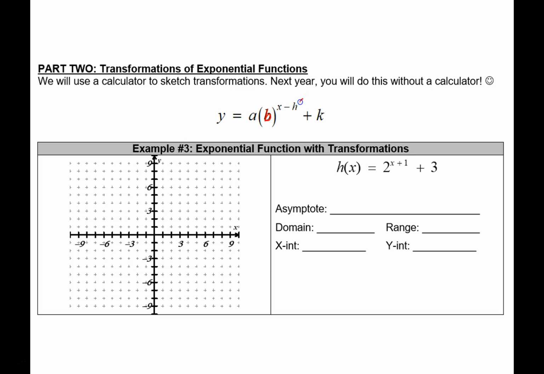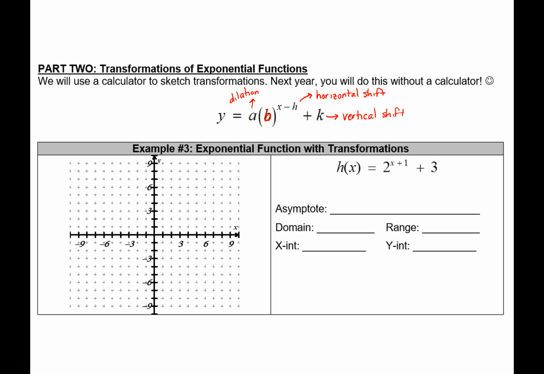So some fun facts: the h is still going to be our horizontal shift. The k value is still going to be our vertical shift. And the a value is still going to be a dilation, meaning it's either going to stretch or compress or be standard.